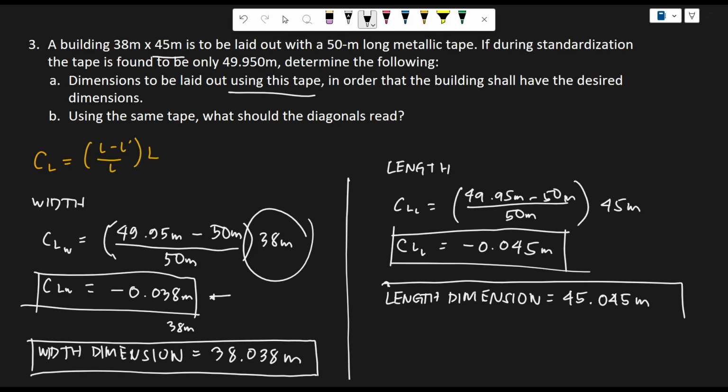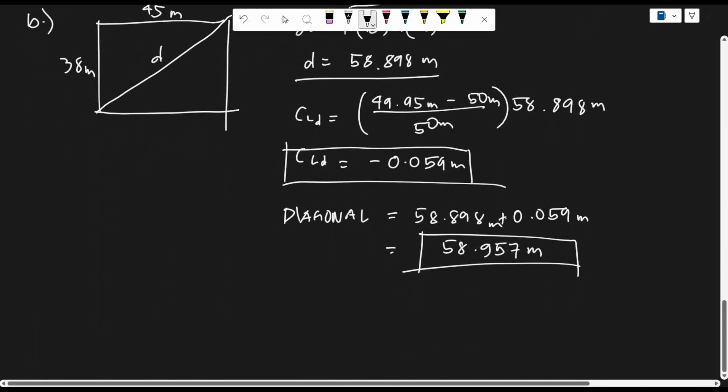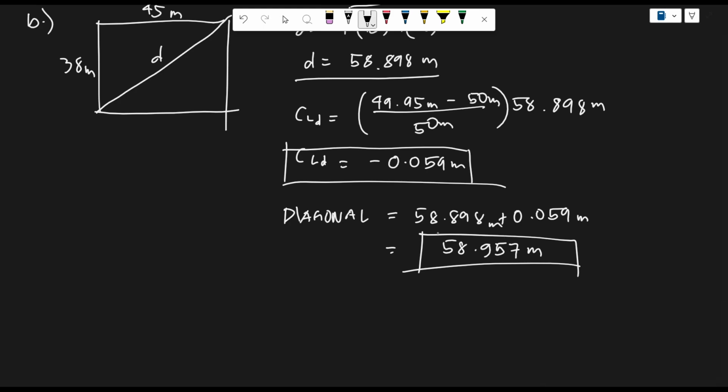So by knowing in advance the error, if we were to delineate that line using the incorrect tape length, we can compensate for it. So we can add the error, in this case negative 0.059, to this 58.898, so that when we lay it out on the field, you will get exactly 58.898.